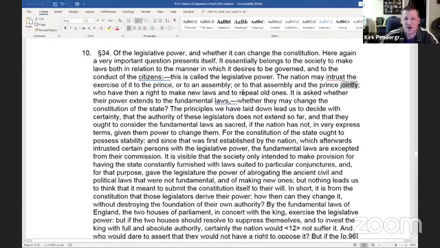It says that, or to that assembly and prince jointly, who have then a right to make new laws and repeal old ones. It is asked whether their power extends to the fundamental laws, whether they may change the constitution of a state. The principles we have laid down lead us to decide with certainty, without a shadow of a doubt here, that the authority of these legislators does not extend so far, okay?